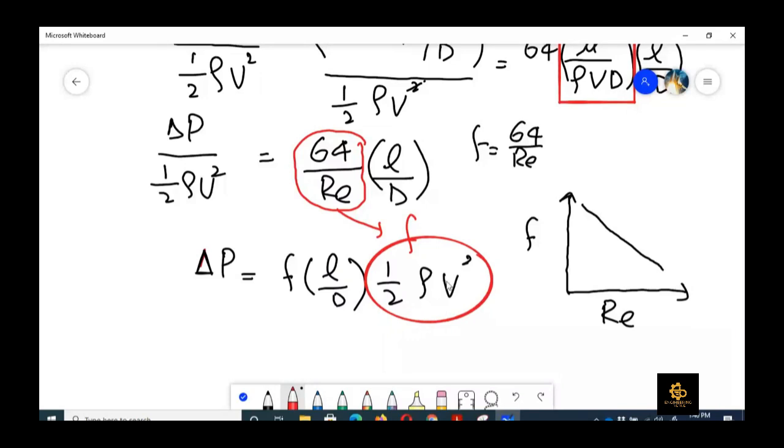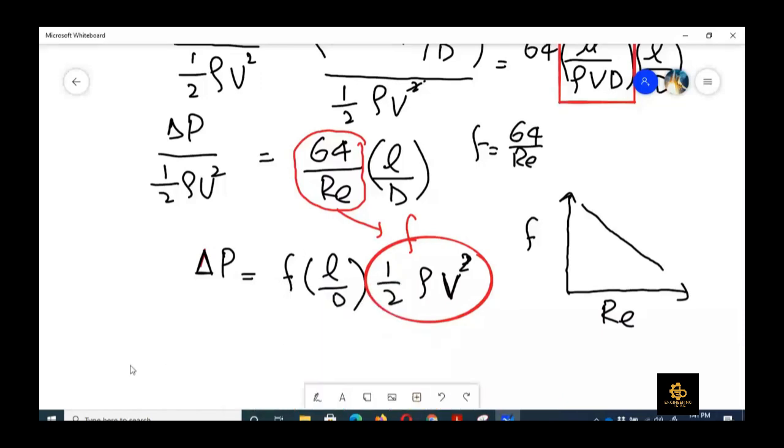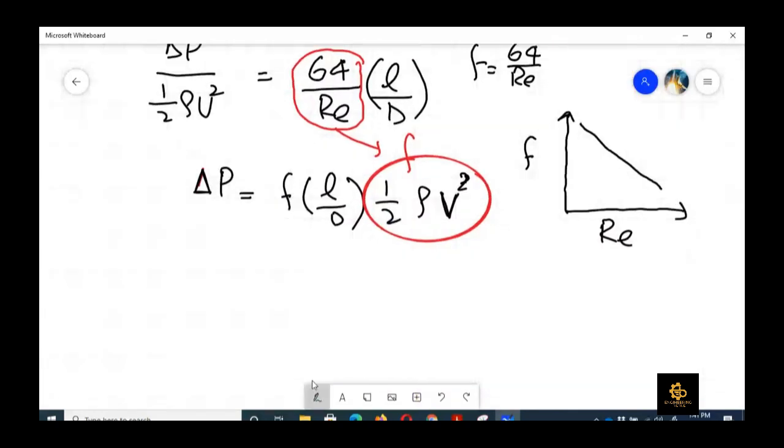because here it is V square. When we say that delta P is f L upon D into half rho V square, and f has got 64 upon Reynolds number, if we replace it with that quantity, just a minute, let me write it on the next point, just for clarification.